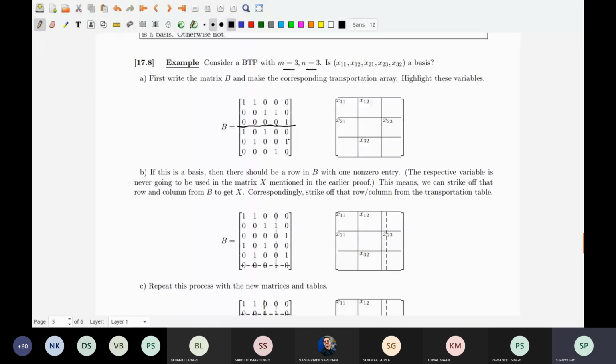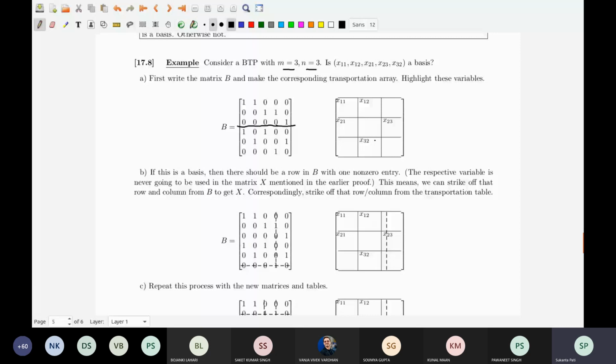And then what is it saying? Now it is saying you highlight these variables. So I have highlighted these variables: x11, x12, x21, x23, and x32. Okay. Suppose that B is a basis. If B is a basis, what did you tell in the proof of that lower triangular basis?